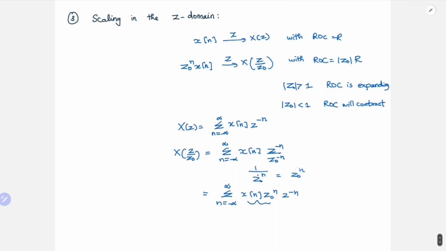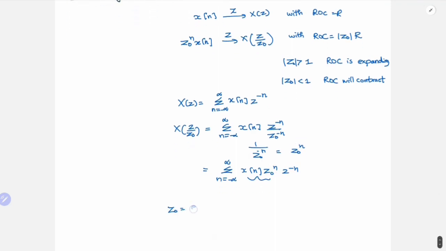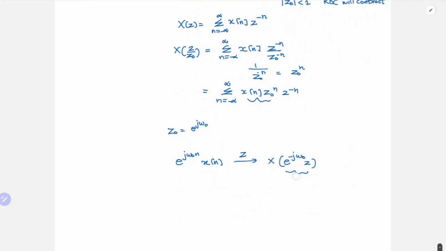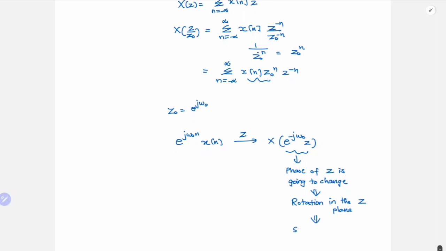As a special case of this, if your z0 is equal to e power j omega naught, then what will happen? E power j omega naught n x of n will give you a Z transform of x of e power minus j omega naught z. So what it means is that only the phase of z is going to change, which means that it is rotation in the z plane. Which also means shifting in frequency.